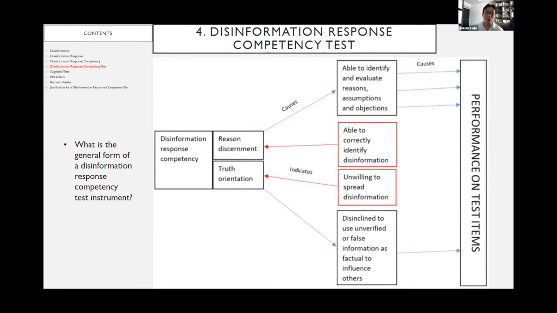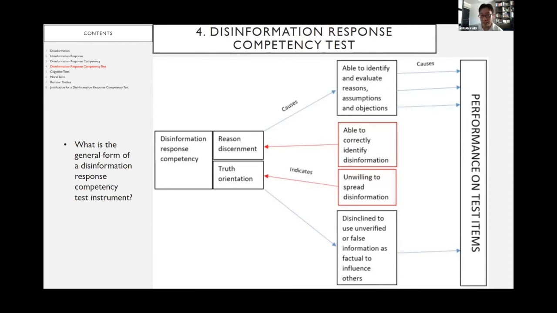So from here, we posit the cause of these two phenomena as something we call reason discernment and truth orientation, respectively. These are posited causes of effects that can be measured. Reason discernment we posit as the cause of the competency to identify and evaluate reasons, assumptions, and objections.